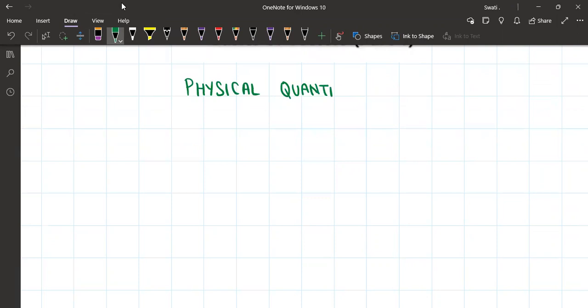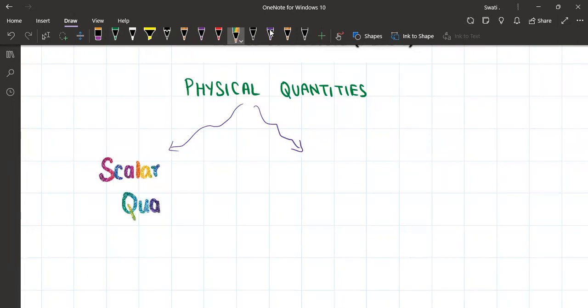And as soon as I say two categories, you must have understood I'm talking about scalar and vector. So the first one is called scalar quantity, and the second one is called vector quantity.